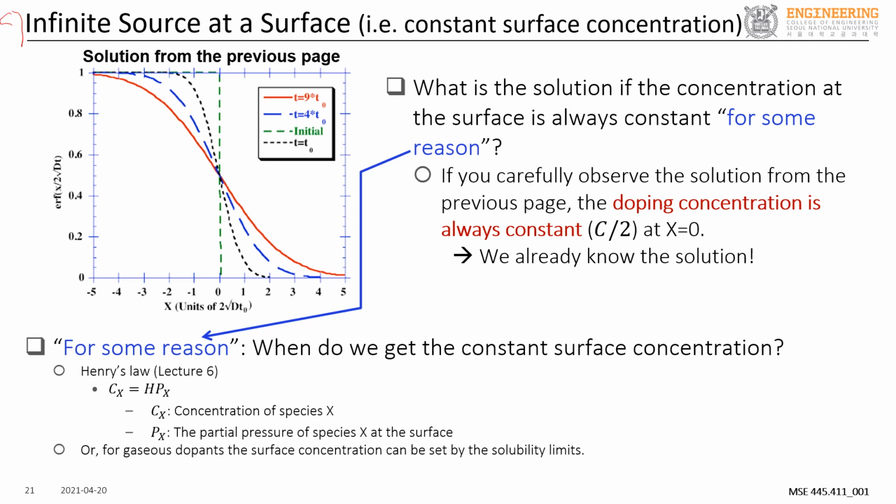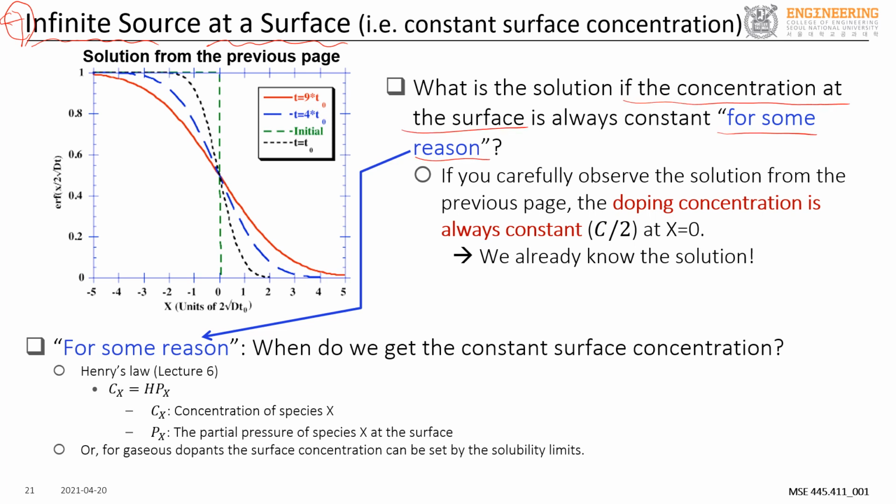So let's talk about the next case, which is the same infinite source, but now it's not in a medium, but at a surface. So first we want to talk about why we get an infinite source at a surface. How is that possible?